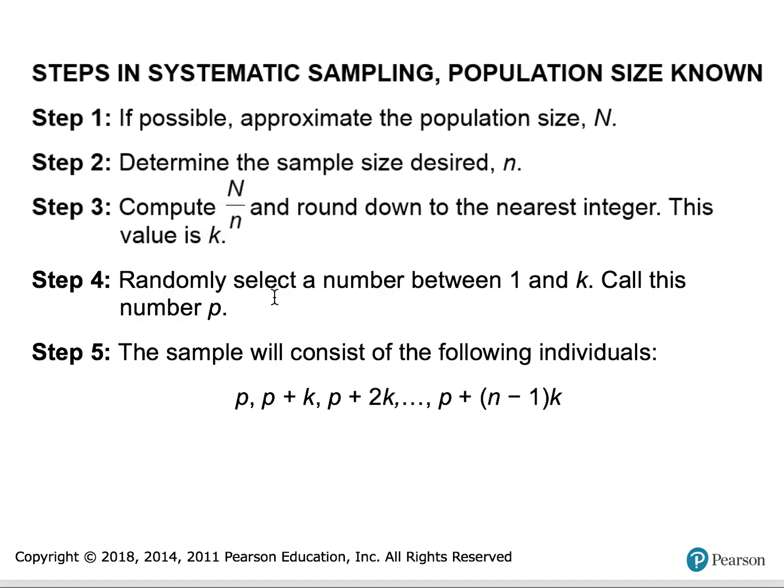And then you randomly select a number between 1 and k. Let's call that p. So before we said 5. So then he's going to sample the 5th bottle, right? The 30th bottle. Okay, 5 plus 50, the 55th bottle. On and on and on until he gets his sample.